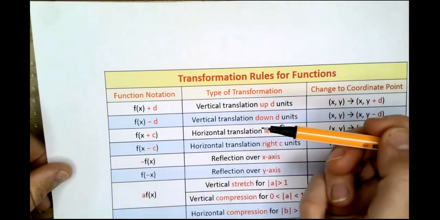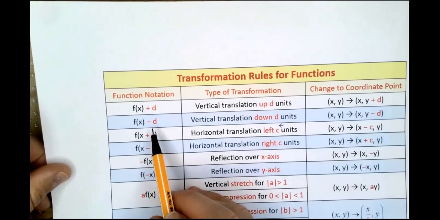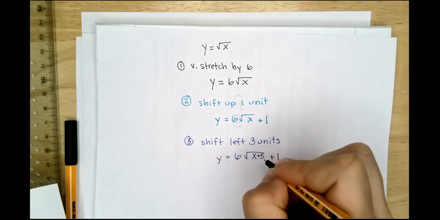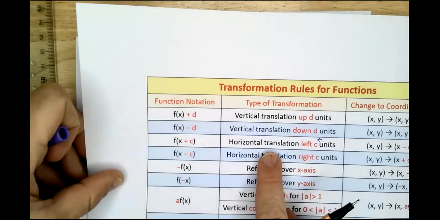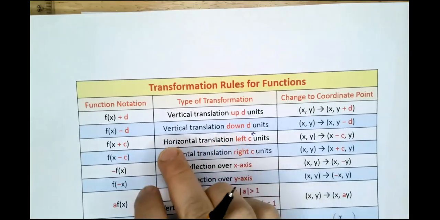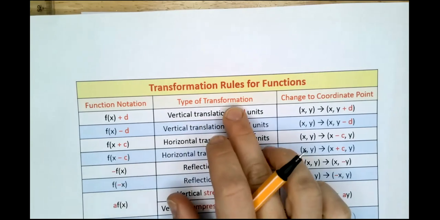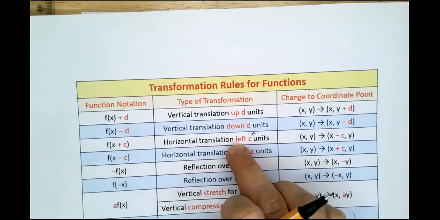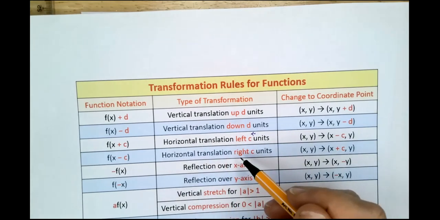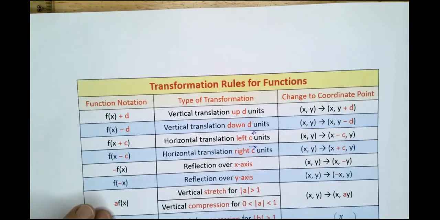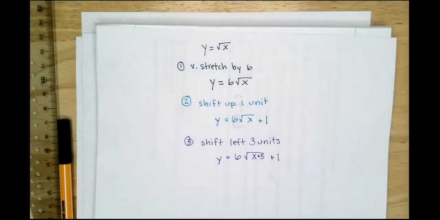Okay, we're moving it in the negative direction horizontally, but we're adding within the grouping symbols. So left 3 units is going to be plus 3. Okay, so horizontal translations do the opposite of what you think they're going to do. So left means add and right means subtract. Vertical, it makes sense. Up means plus, down means minus, but horizontal, left, even though you're going in the negative direction, means plus, and right, even though you're going in the positive direction, means minus. So that's just something to remember to learn about horizontal translations.